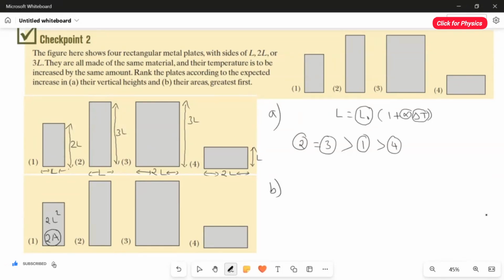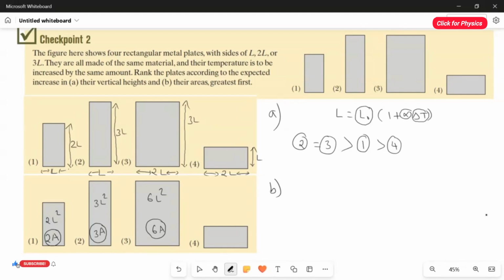And likewise, we find the answer for the second plate. L multiplied by 3L is 3L square, which is 3 times the area. For the third figure, 3L multiplied by 2L is 6L square, which is 6 times the area.